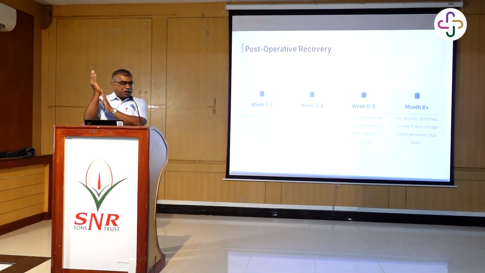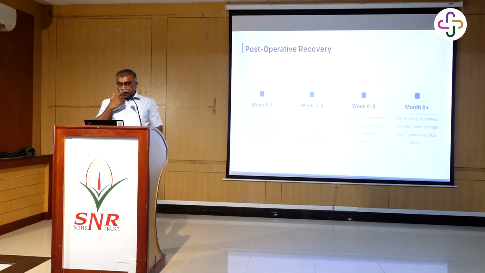So now you can ask, if you cut the transverse carpal ligament, will it not bow? That is why you have this recovery. During this recovery, there is scarring, and there is a significant loss of grip strength in the initial phases. But as you progress over a period of time, the grip strength comes back.